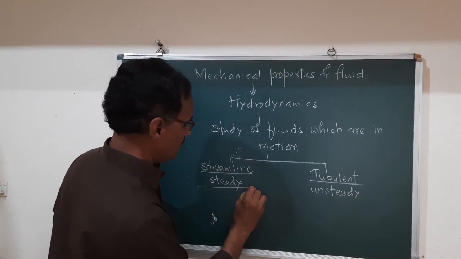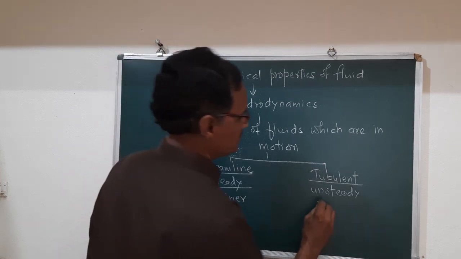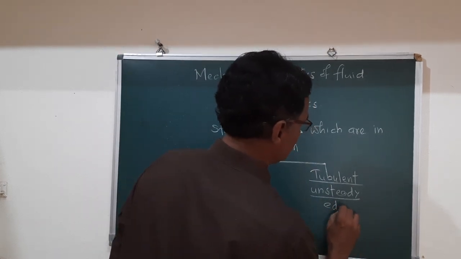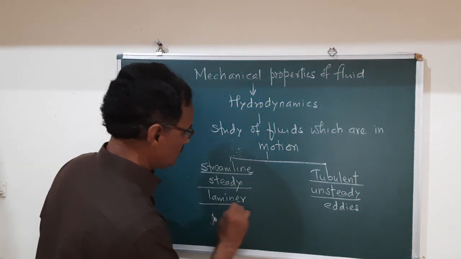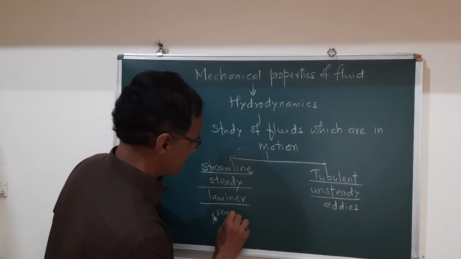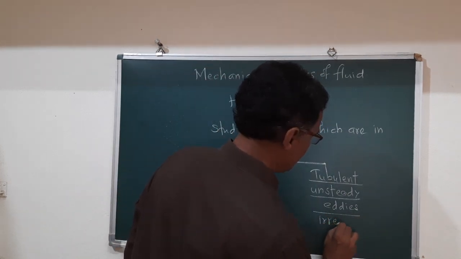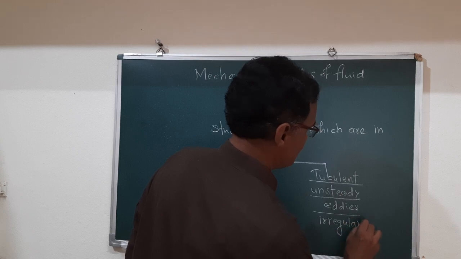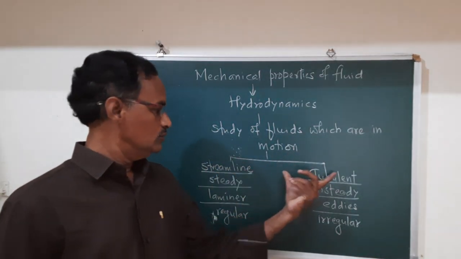This is also called a laminar flow. This is also called eddies or whirlpools. This flow is also called a regular flow, or this is called irregular flow. Now these are the different names of these two motions.